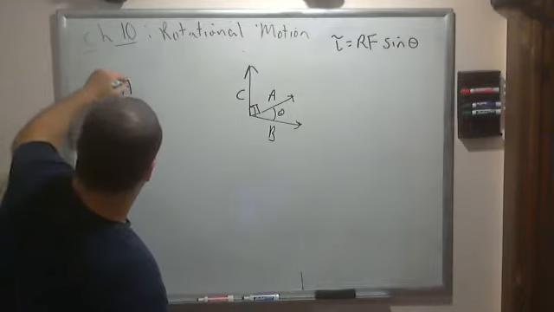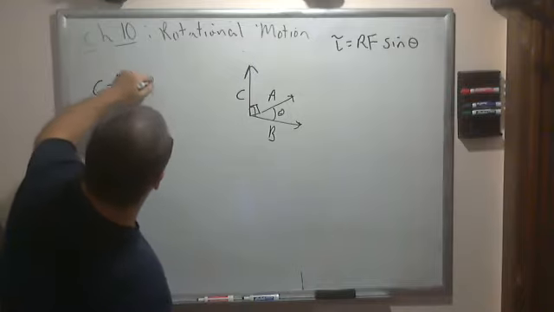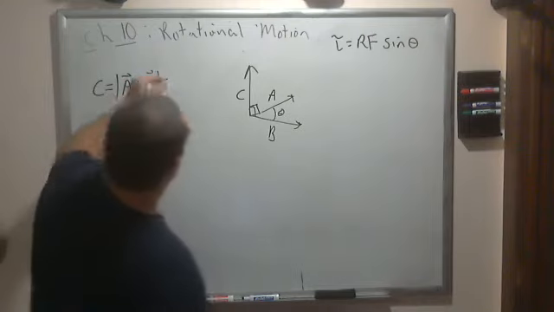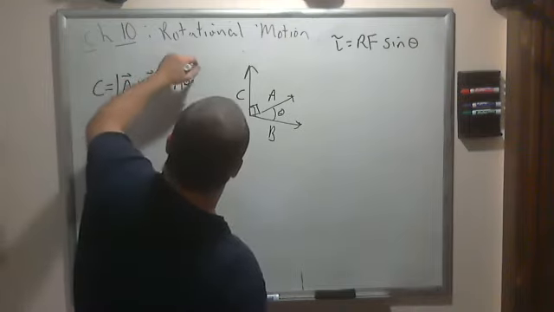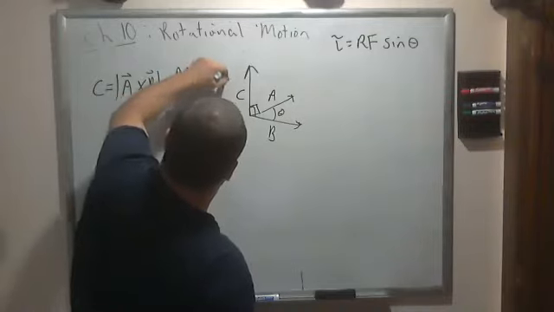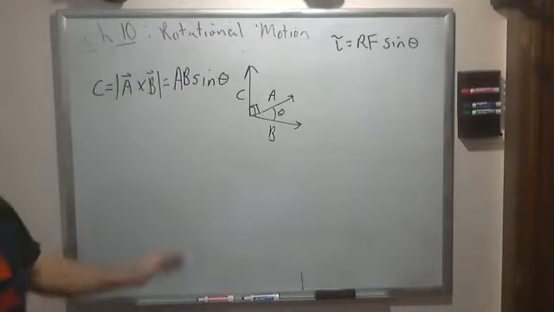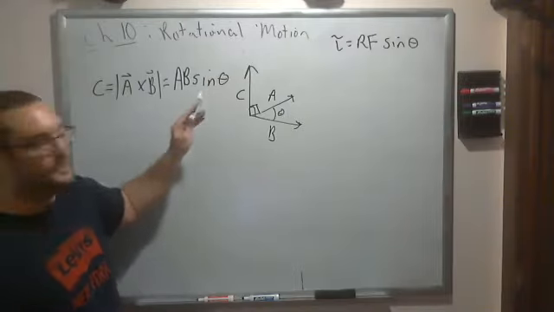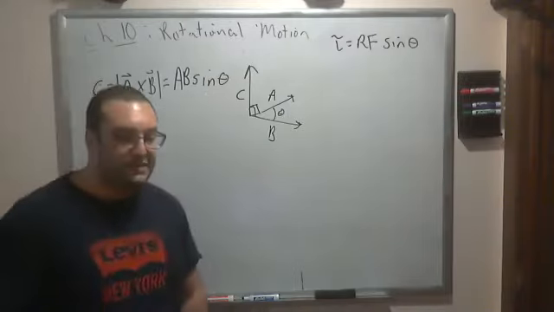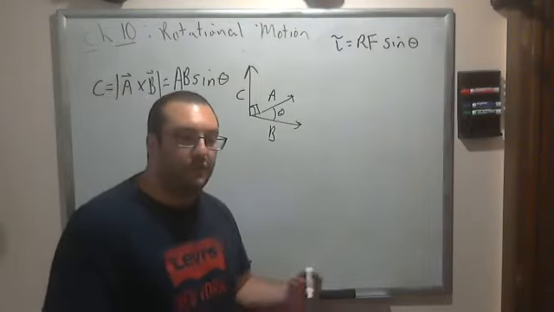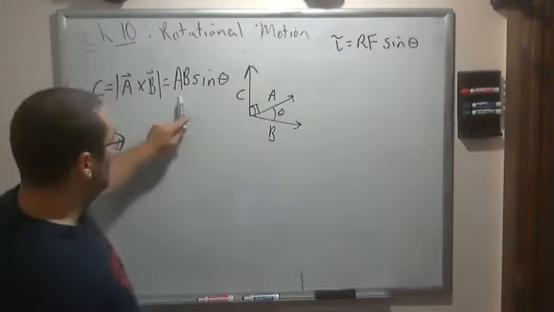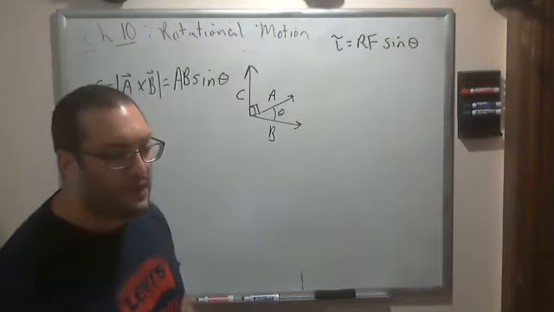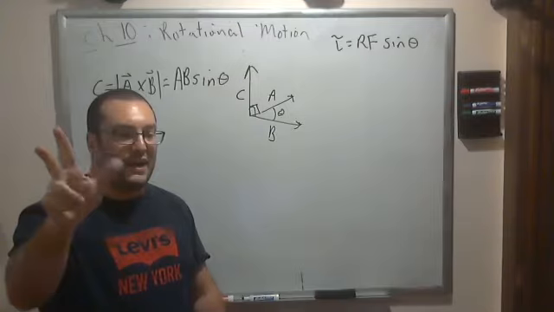The magnitude of the cross product is given by the magnitudes of both vectors times sine theta. This is very similar to how we calculated the torque. The torque is actually a vector cross product of the radius with the force. This gives you the magnitude, but it does not give you the direction. The way to figure out the direction is by using the right-hand rule.